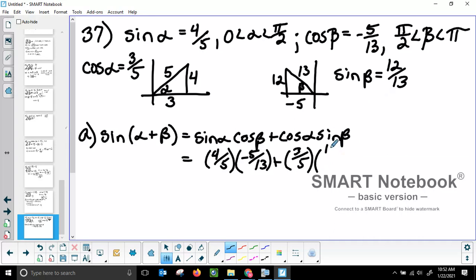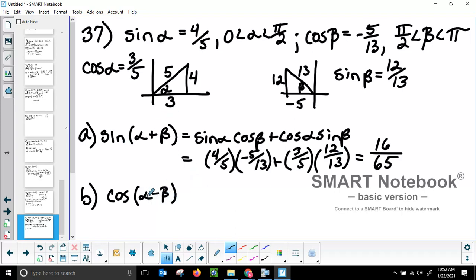And sine of beta is 12/13. All you have to do is plug that right into your calculator, right? But this shouldn't be too hard. This is -20 plus 36, so that's 16 over 5 times 13 is 65. Of course, you can just plug that right into your calculator. Done.